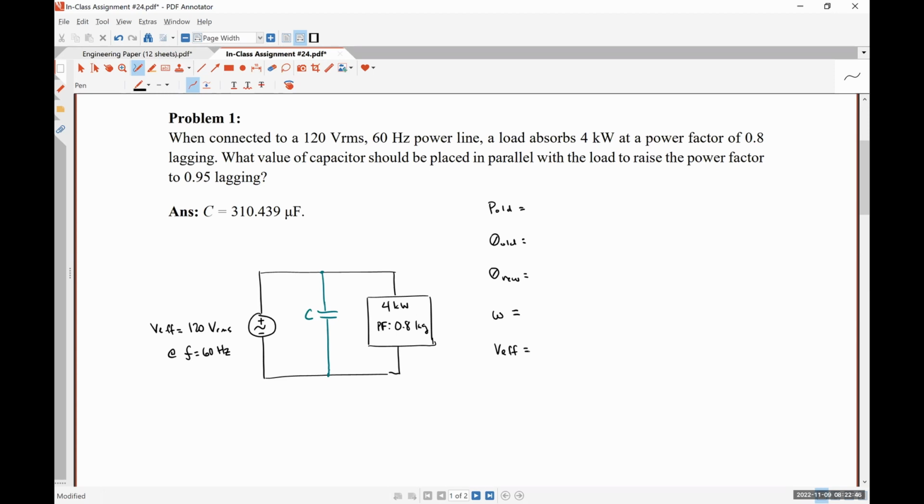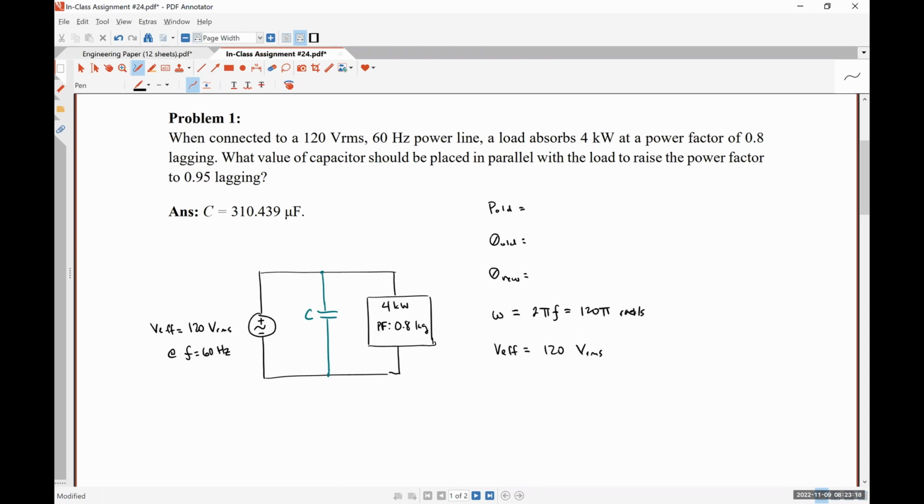So which of these pieces of information are we given? V effective, we were told, is 120 volts RMS. What else were we given in the problem statement? The frequency was given as 60 hertz. So omega is just 2 pi f, or 120 pi radians per second.